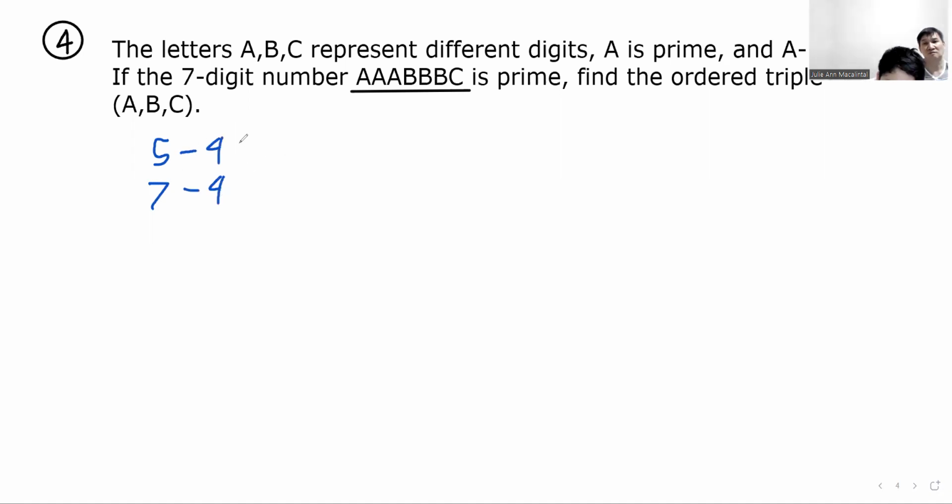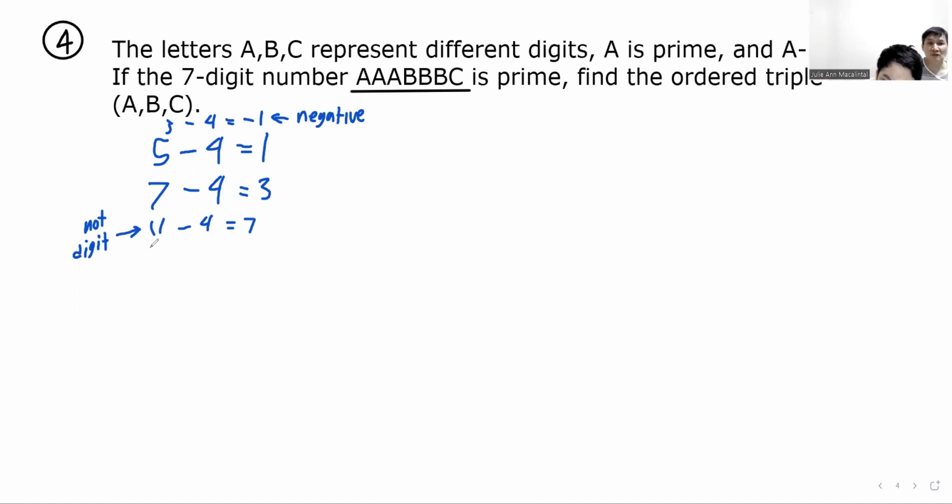When you subtract 4, they give us a one-digit number. 11 minus 4 is equal to 7.